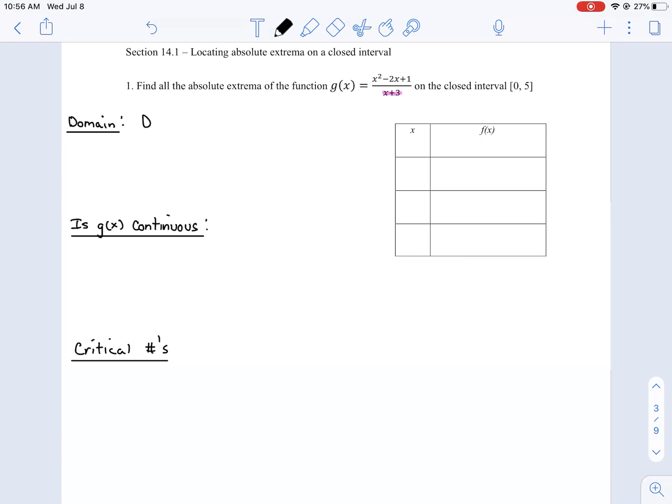So the domain of g of x is all real numbers except x is equal to negative 3. In set notation, that would be x such that x is real and x doesn't equal negative 3.